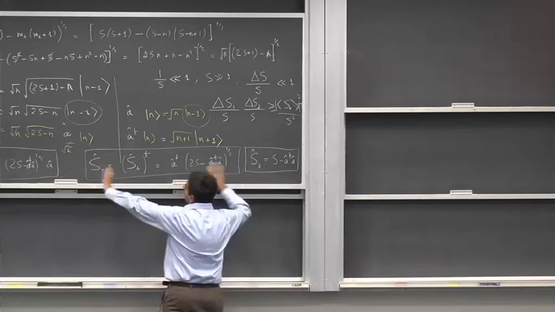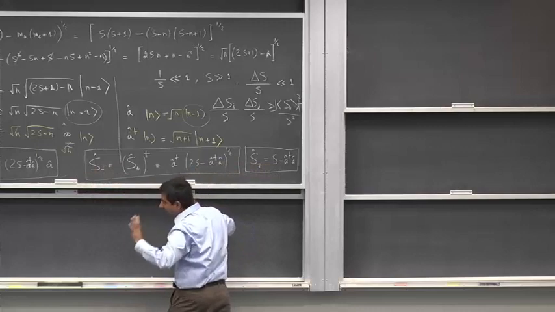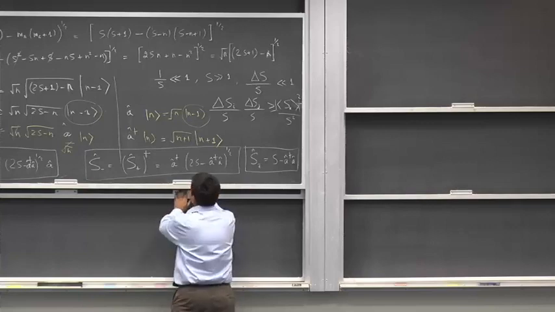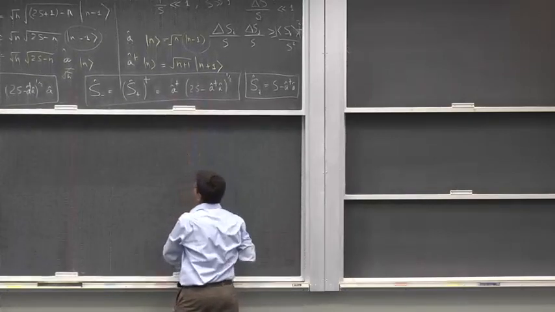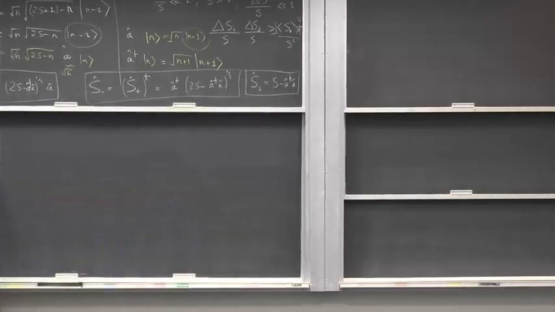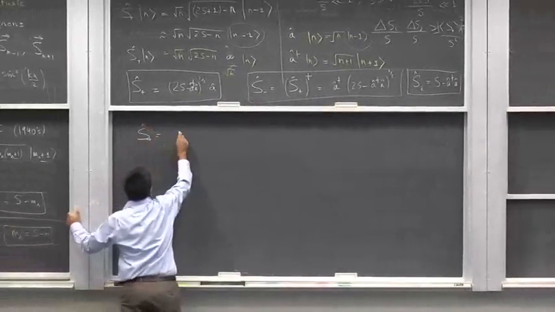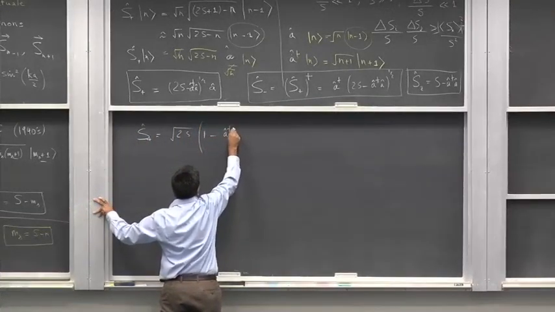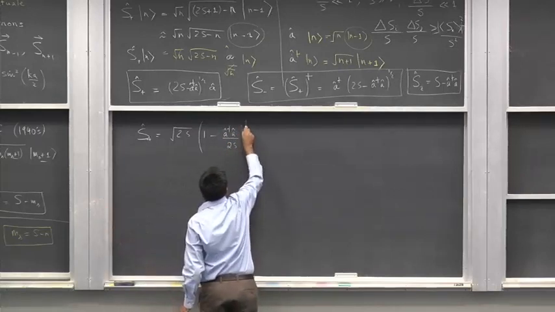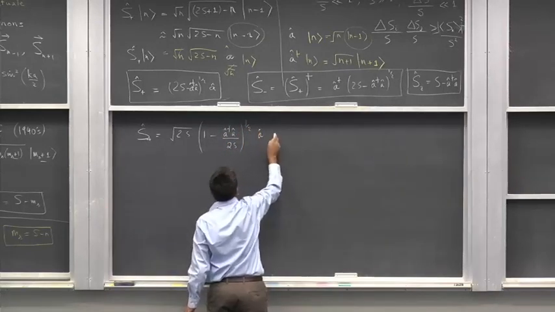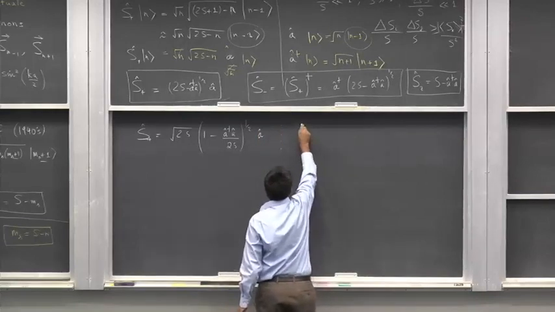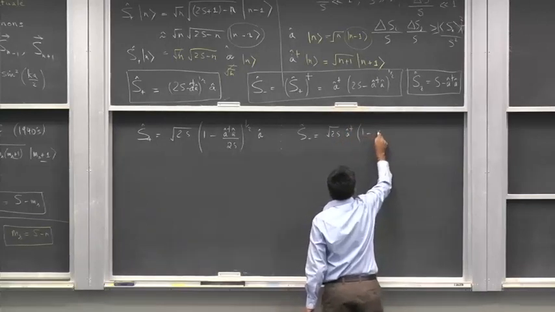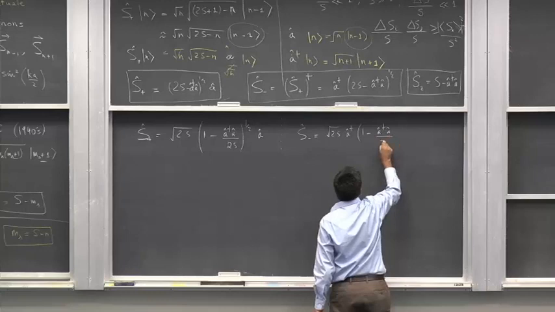So now these are the Holstein-Primakoff transformations, which convert from the spin operators to the bosonic operators. They can also be written in this fashion. S plus is the square root of 2S times the square root of 1 minus A dagger A over 2S, times A, and S minus is the square root of 2S, which is just a number, times A dagger times the square root of 1 minus A dagger A over 2S.